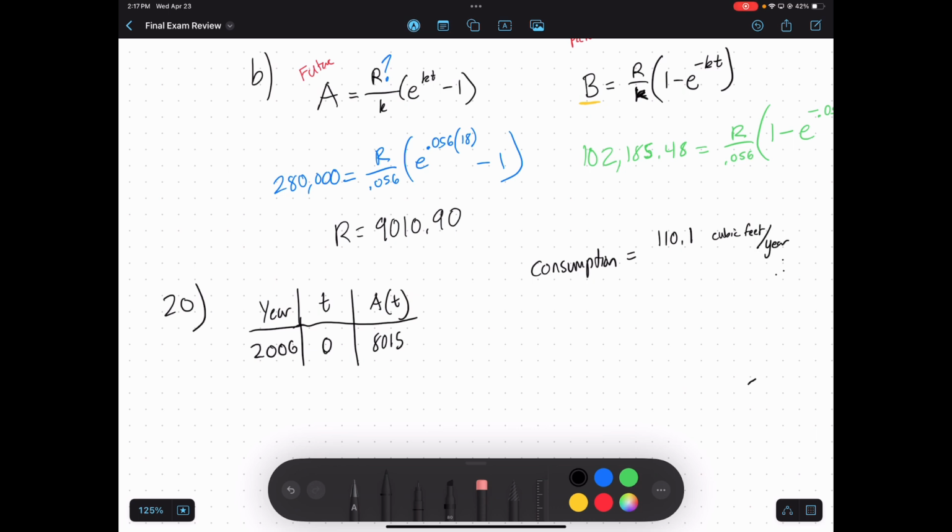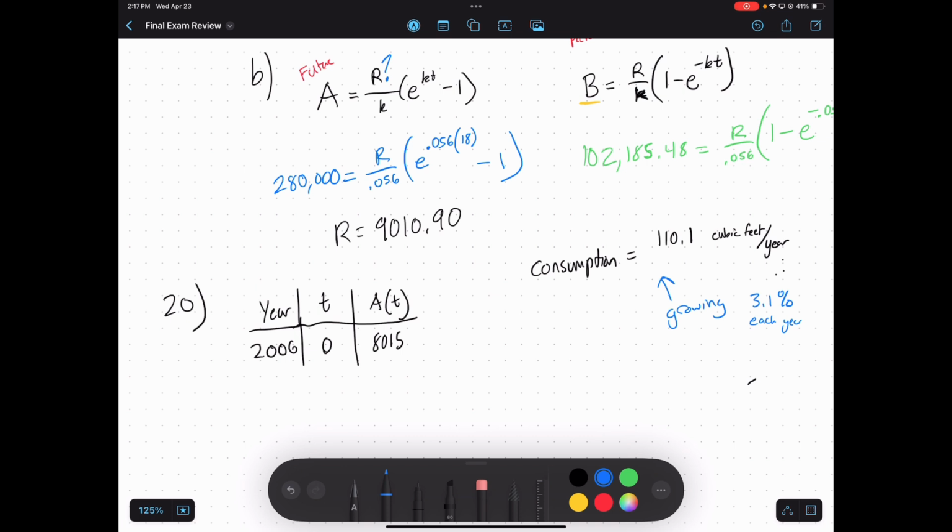So that's a rate. That's how it's changing. Okay. And then the last thing it tells me is this is growing at a rate of 3.1% each year. So the rate at which we're consuming the natural resource is growing at 3.1%.